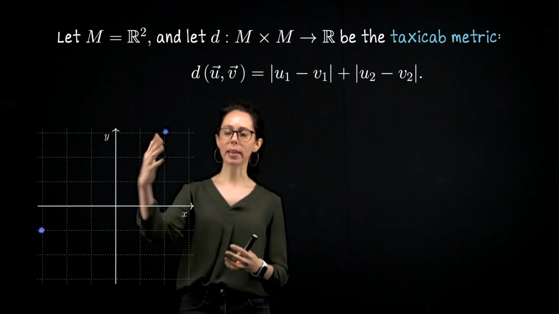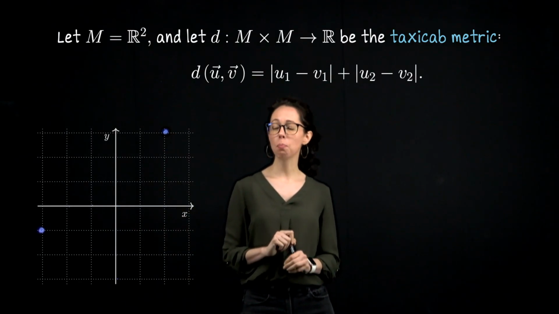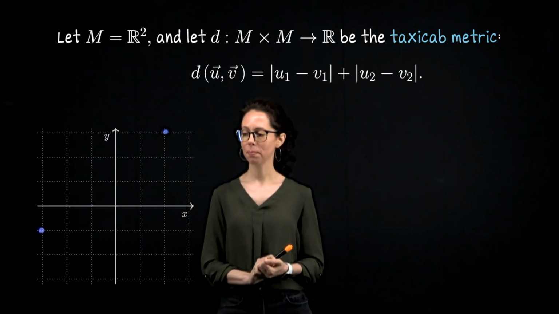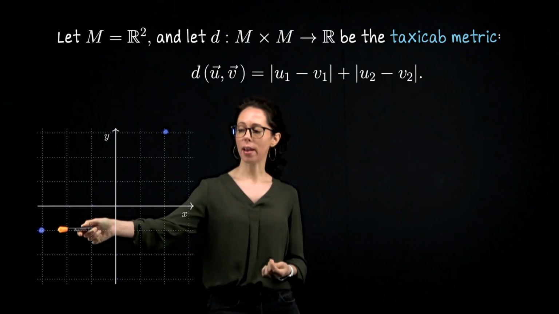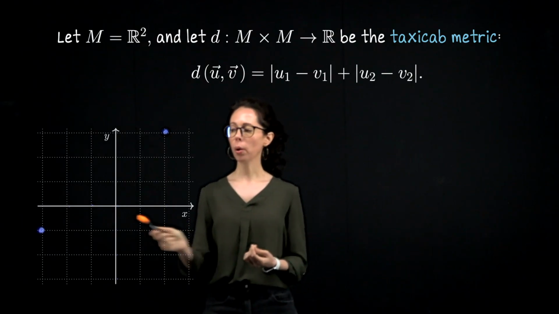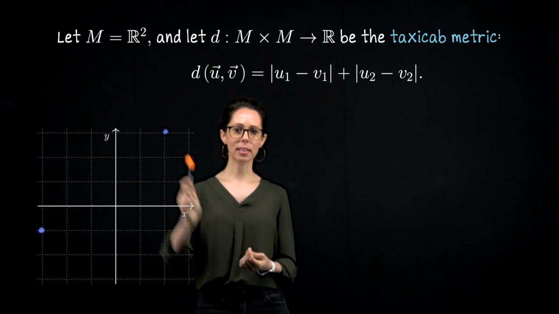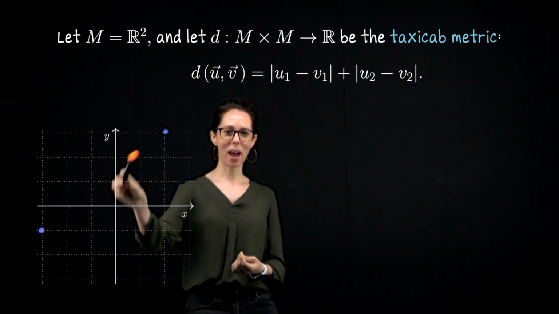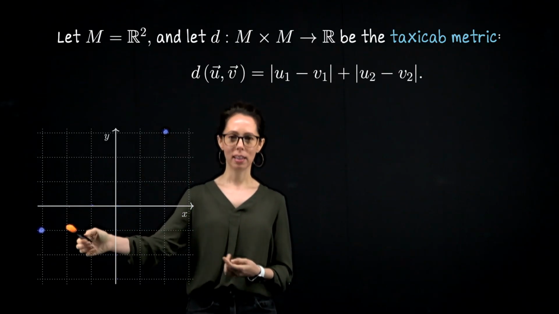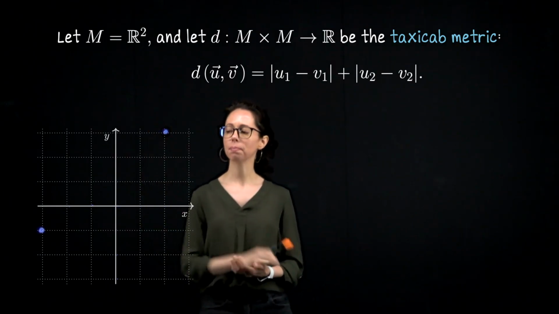So as long as I have to make at least one turn, I might have multiple ways to get from, say, this point to this one. So what we could do is drive 5 blocks to the east and drive 4 blocks north. Or we could drive 4 blocks north, 5 blocks east, or we could mix and match some east, some north, as long as we are always moving in the right direction.